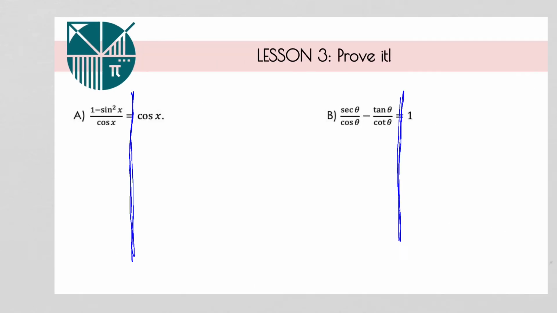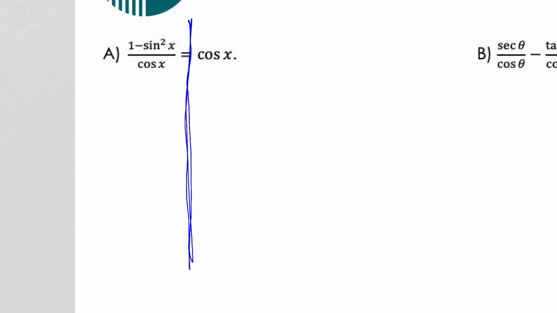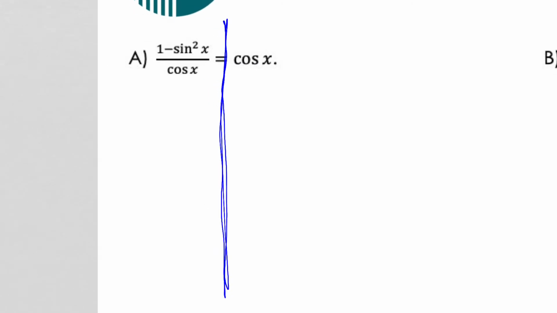So let's do this. If I look at letter A here, and I am trying to verify (1 minus sine squared x) over cosine x, and I tell you that side ends up equaling cosine x, I need to prove it. Since this side is the smallest, I'm not even going to adjust it.